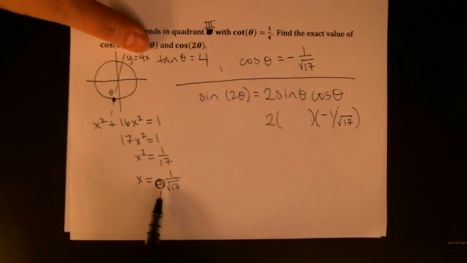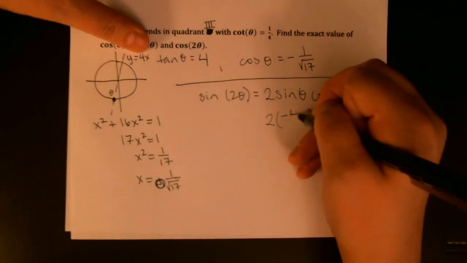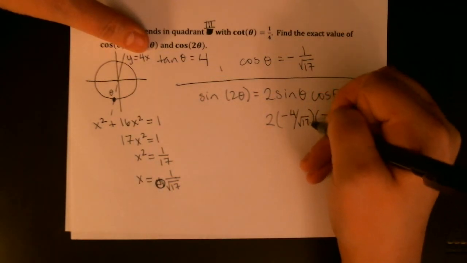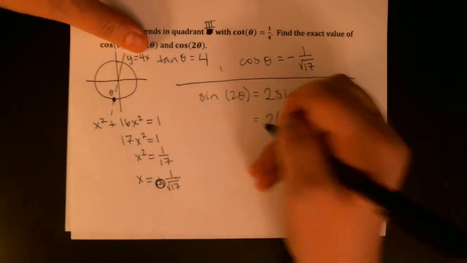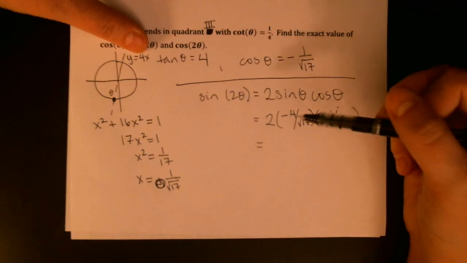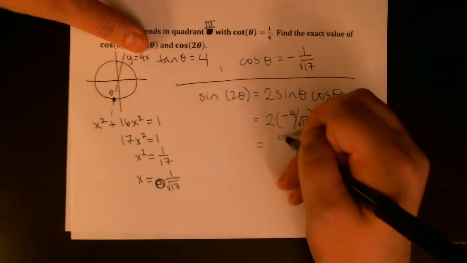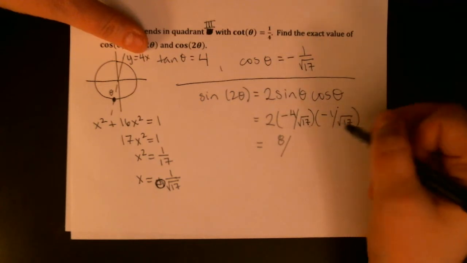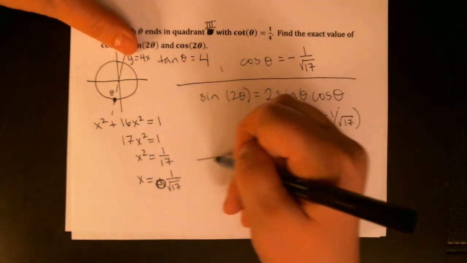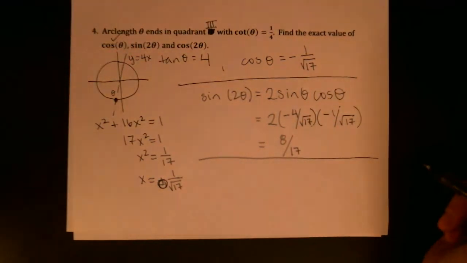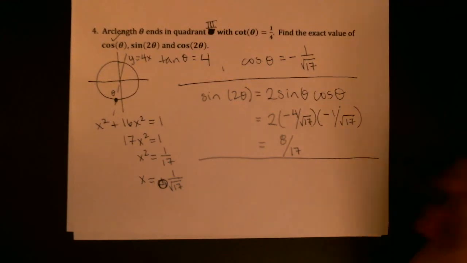So if our x is negative 1 over root 17, our y is negative 4 over root 17. Just multiply the x value by 4. And when we simplify, we get 2 times negative 4 times negative 1, which is positive 8, over root 17 times root 17, which is just 17. So that is the y coordinate of the point that has arc length 2 times theta.